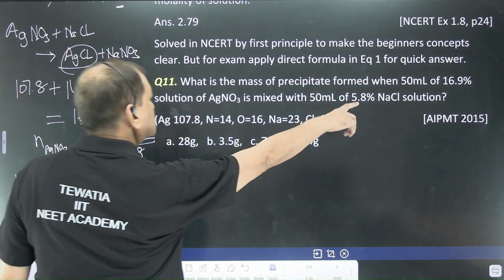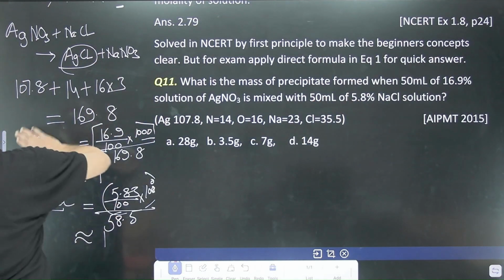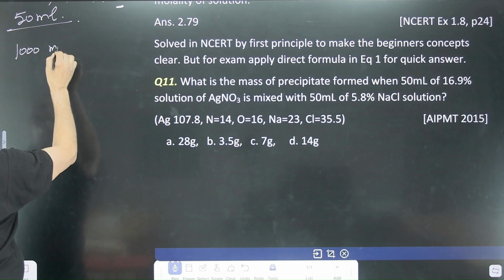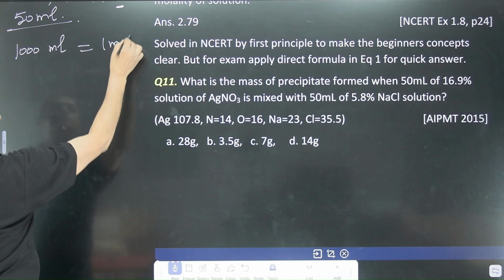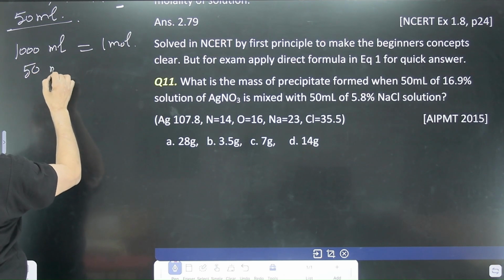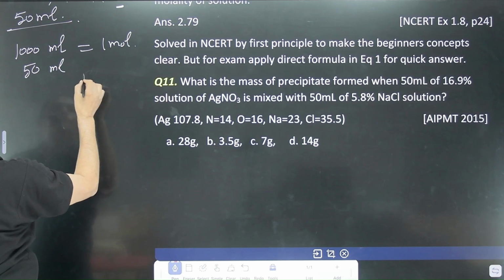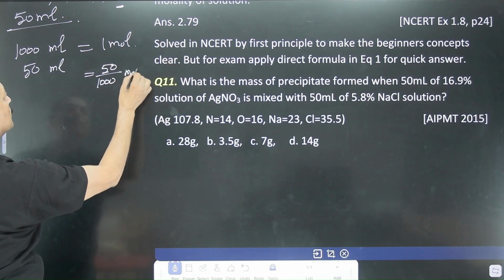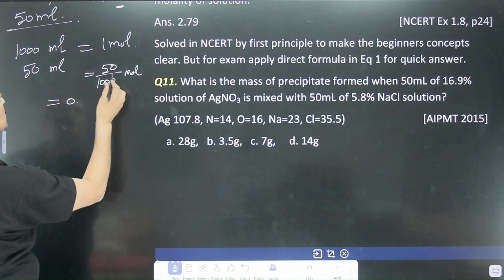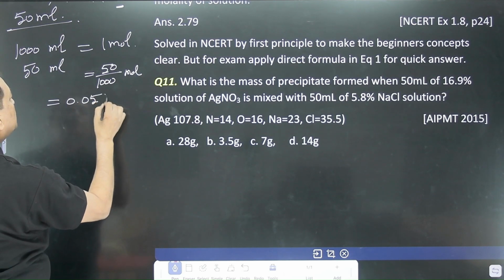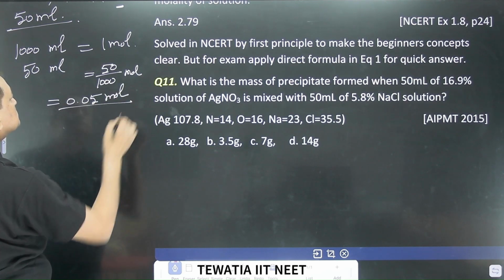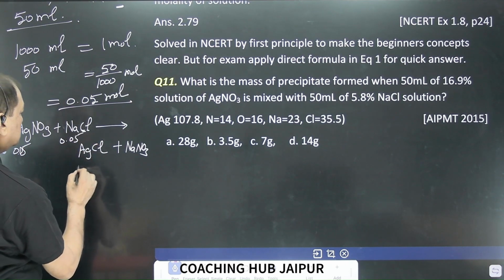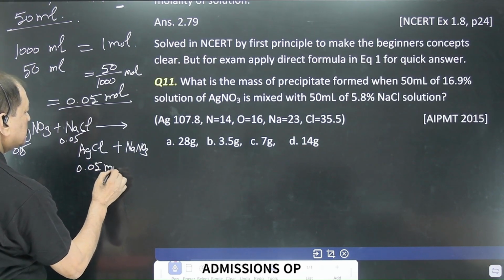But the volume is given 50 ml. 1000 ml has 1 mole, so 50 ml has 0.05 mole, 0.05 mole.